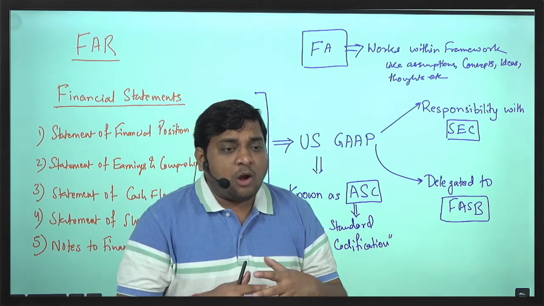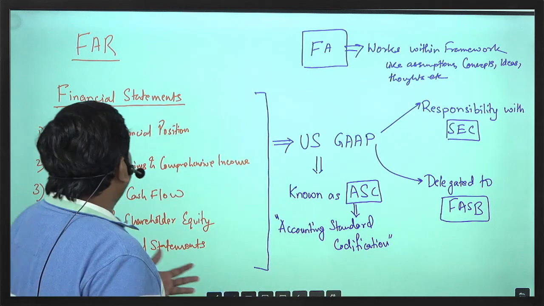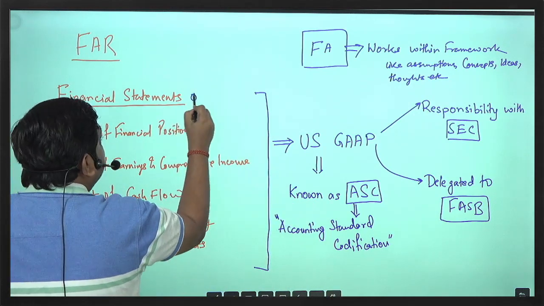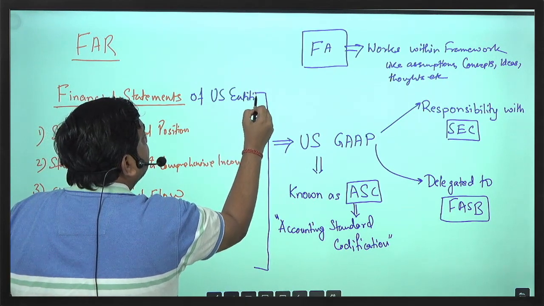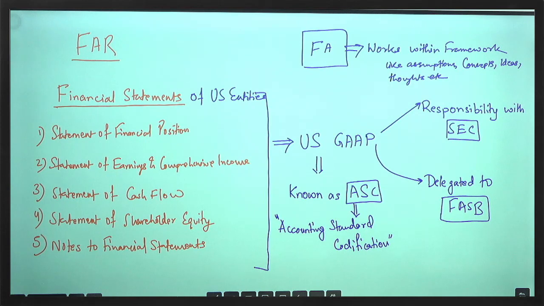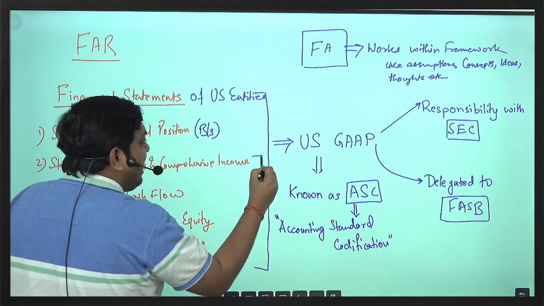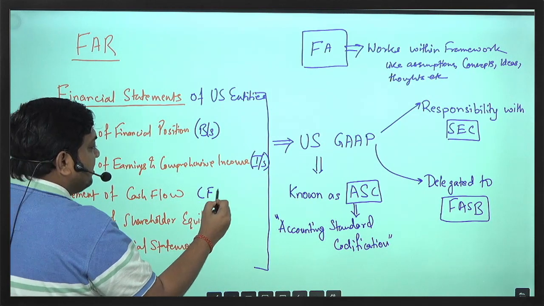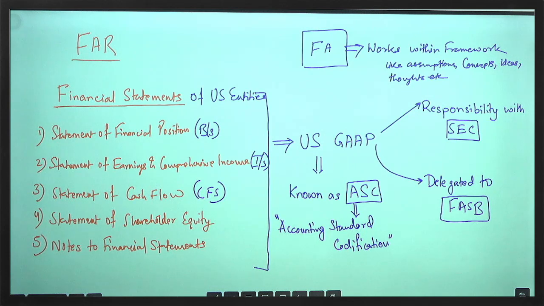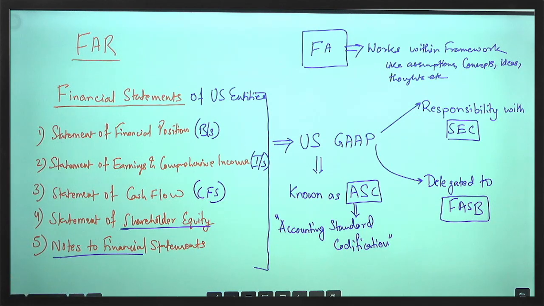But when I talk about financial statement of US entities, you have this balance sheet, you have income statement, you have cash flow statement, we have changes in shareholders equity, and we have notes to financial statement.